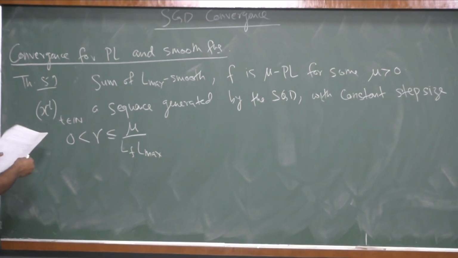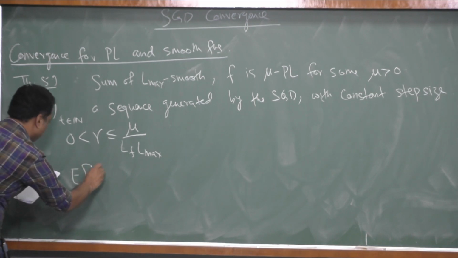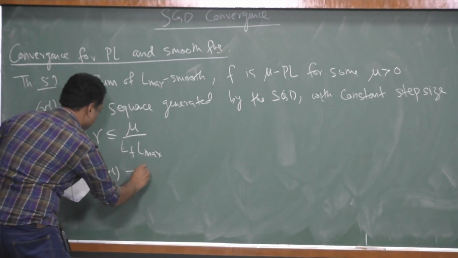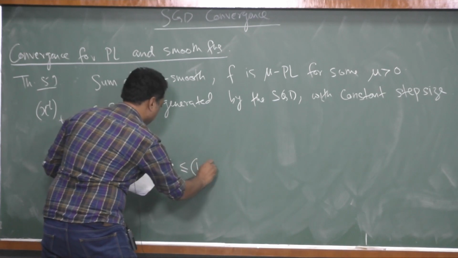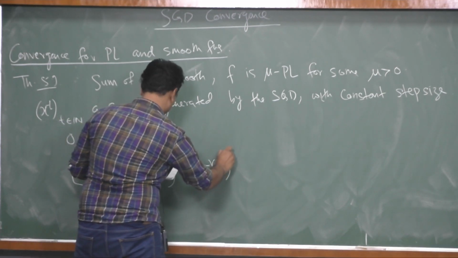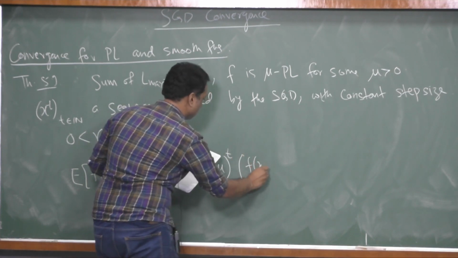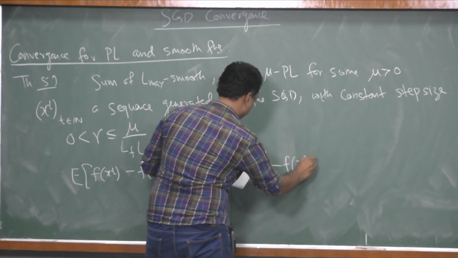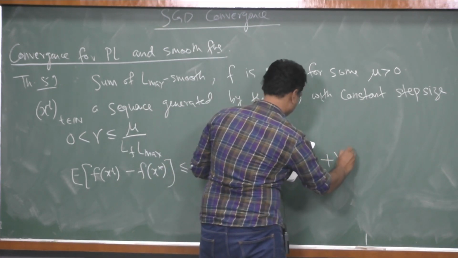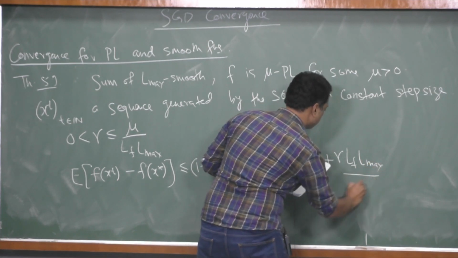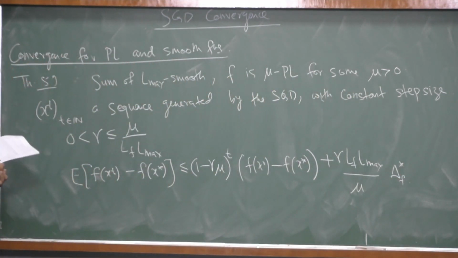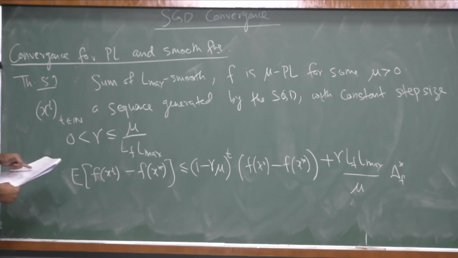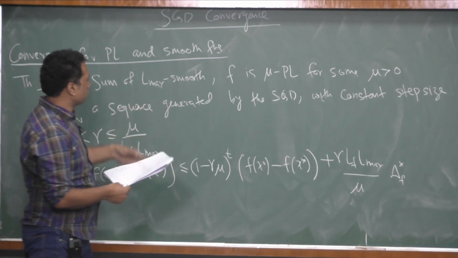Okay, then in this case we can prove that F of xt minus F of x star is less than equal to (1 minus gamma mu) to the t times F of x nod minus F of x star, plus gamma LF L max by mu times sigma star F. Okay, so this is similar to what we had before, but here, if you see the terms for the strongly convex and smooth, in place of strongly convex we now have mu PL.